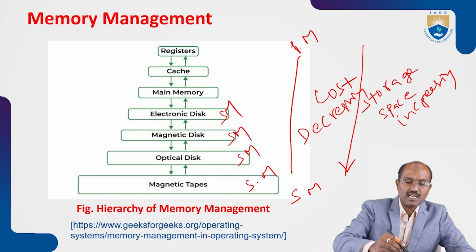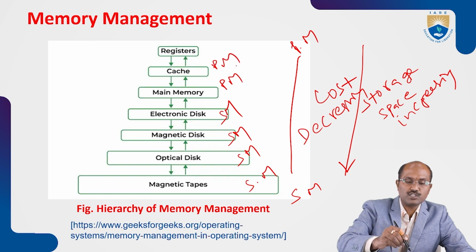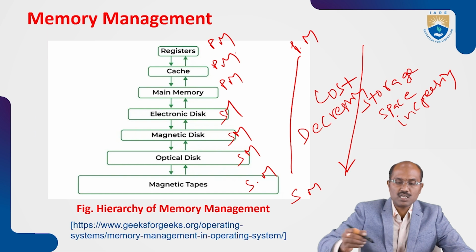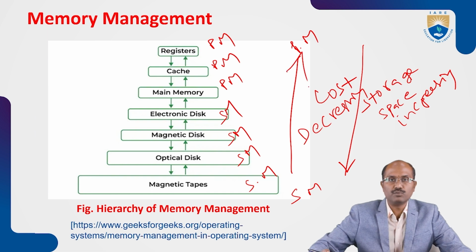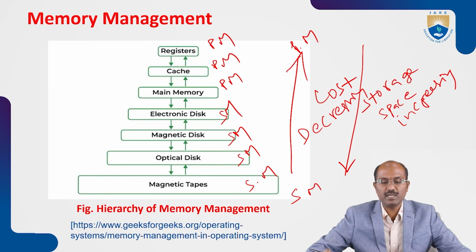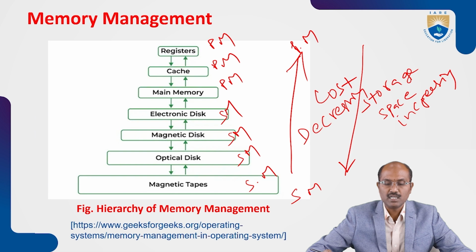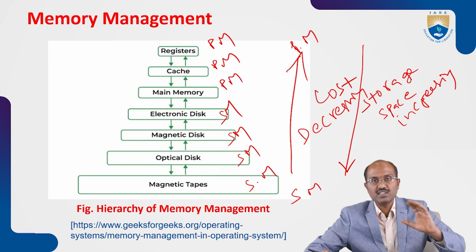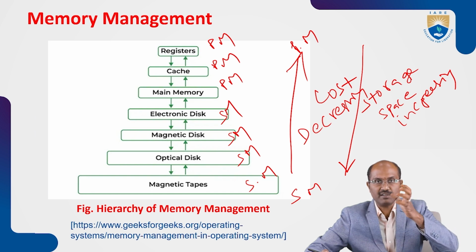The main memory is the primary memory, cache memory is also primary memory, and registers are also primary memory. So cost is increasing when you go from secondary memory to primary memory, storage space is also increasing, and the size of the device is decreasing.